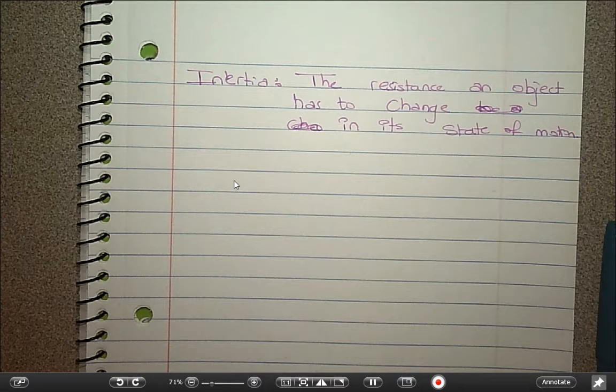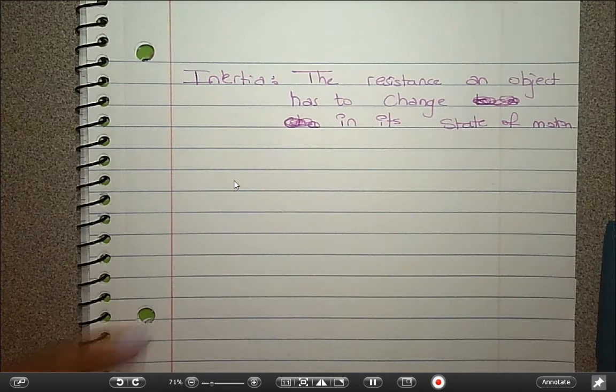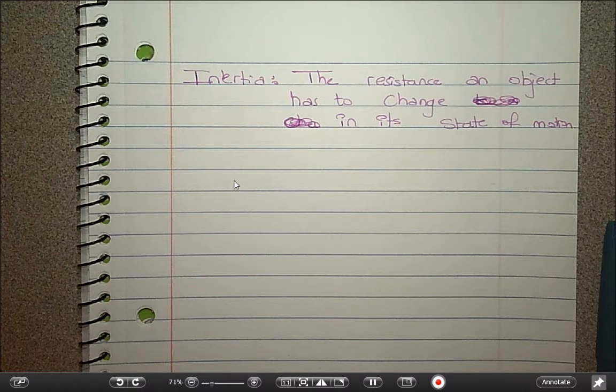So what was believed in physics is that a moving object would eventually stop moving, right? So the best thing to do, if you want this thing to keep going, is that we need to give it more force, so that it keeps moving.